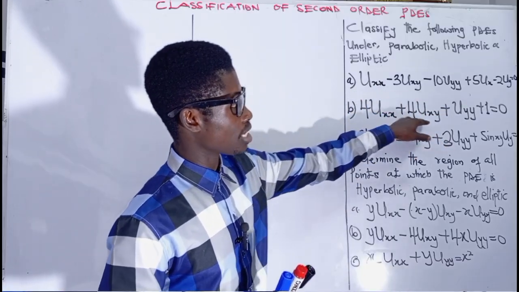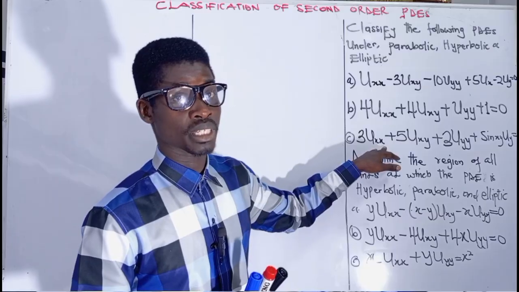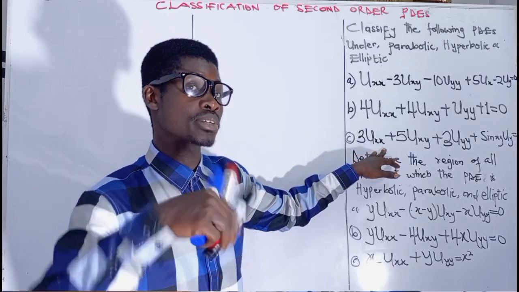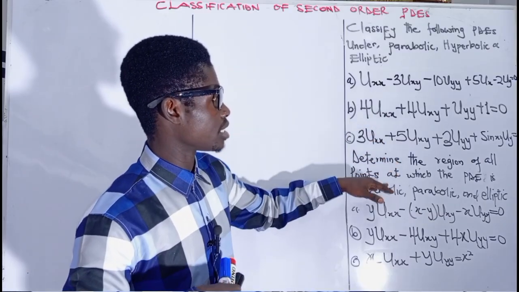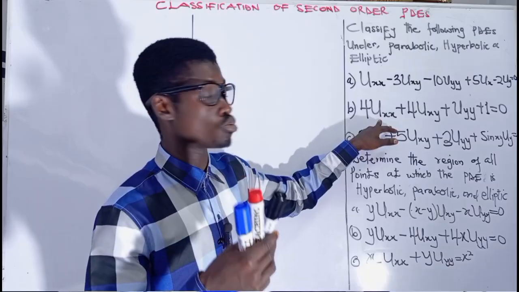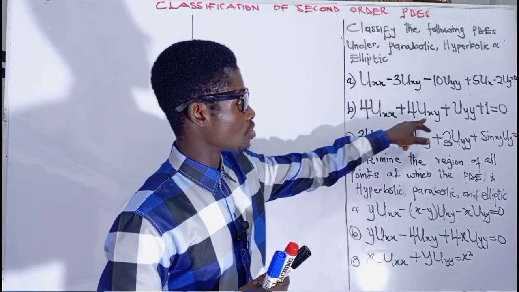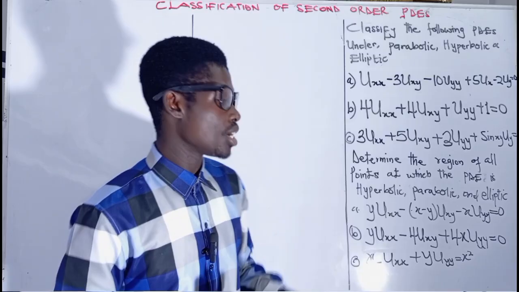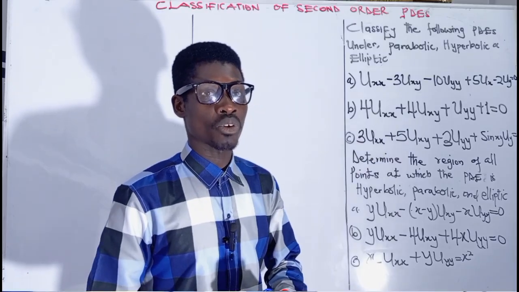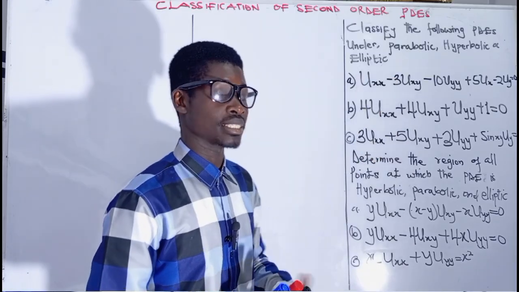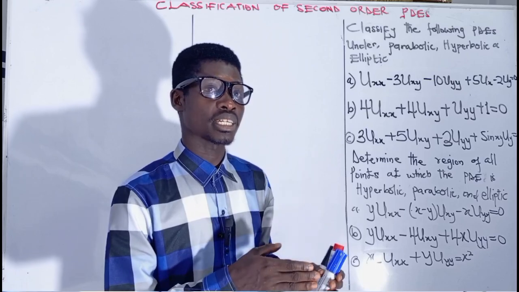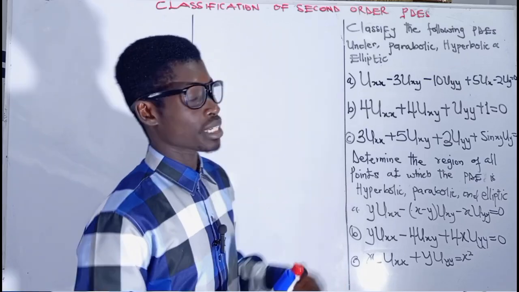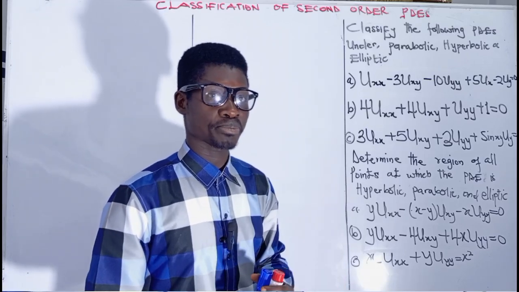This is also a second order PDE, and this is also a second order PDE, because the highest derivative present in each of these equations is of order 2. So this is order 2, order 2, order 2. Each one of them, the highest partial derivative within them is of order 2. So all these are examples of second order partial differential equations.